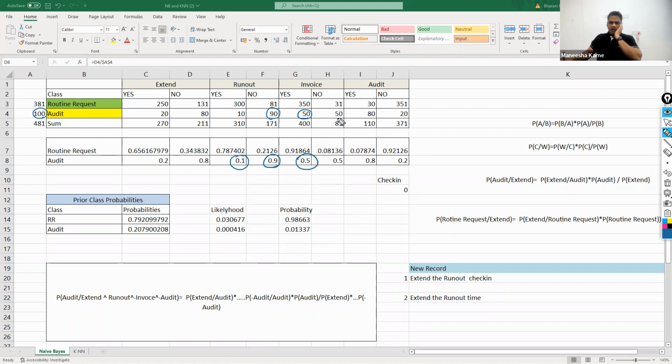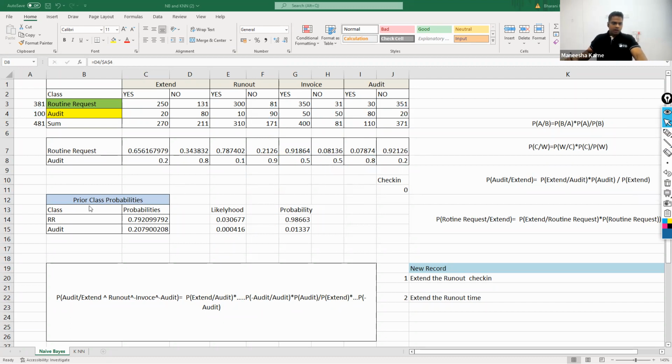What is the probability that you do not have the word invoice, given that it is an audit request? Is this much. What is the probability that you have the word audit, given that it is an audit request? Is 80 by 100. What is the probability that you do not have the word audit, given that it is an audit request? Is 0.1. Okay.